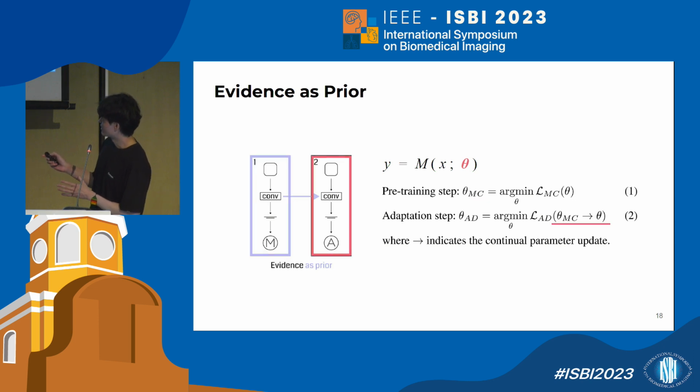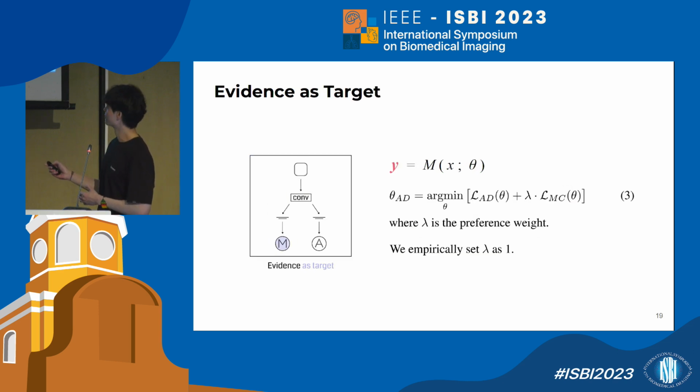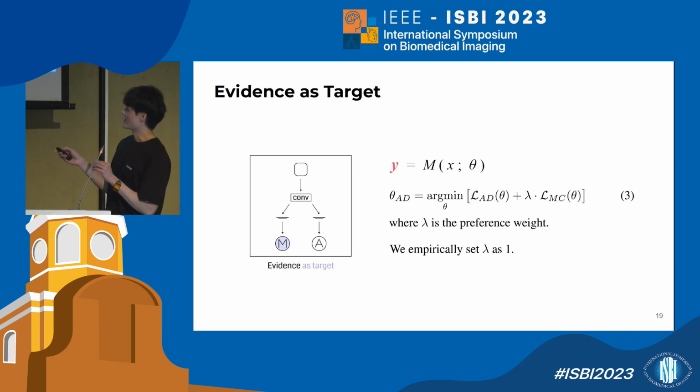After that, the parameters learned from the MC prediction are used as the initial parameters for the training of AD detection. The second setting is evidence as target, where the morphological features are used as an additional training target for AD detection in the multitask learning scheme.